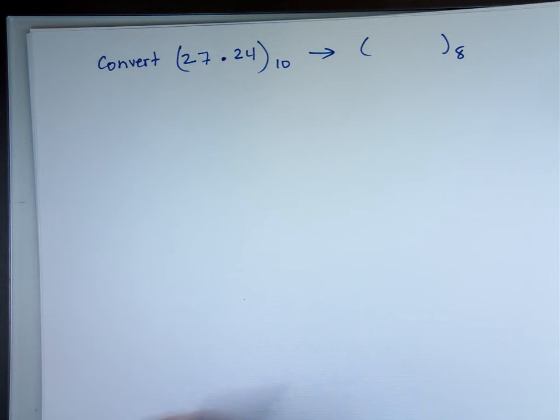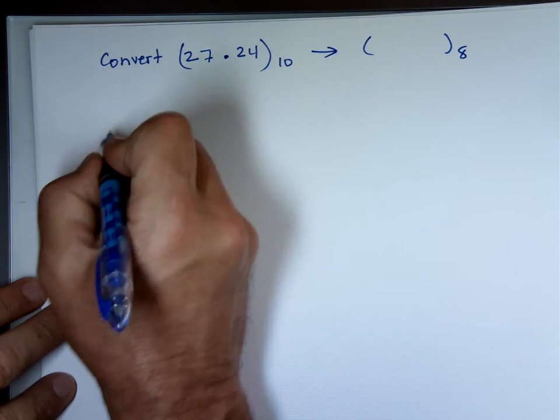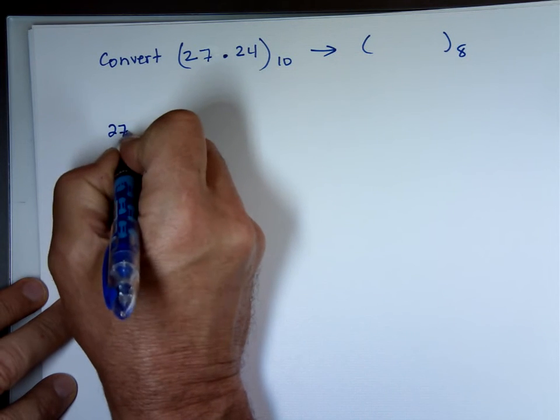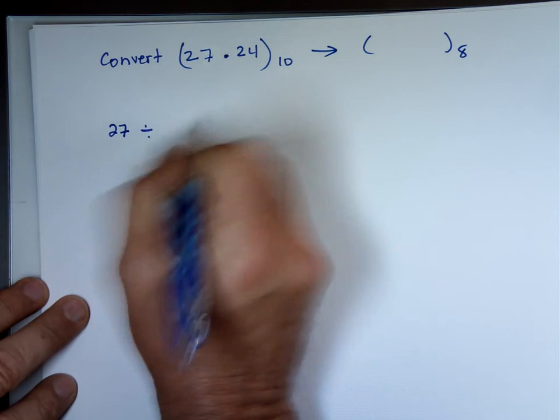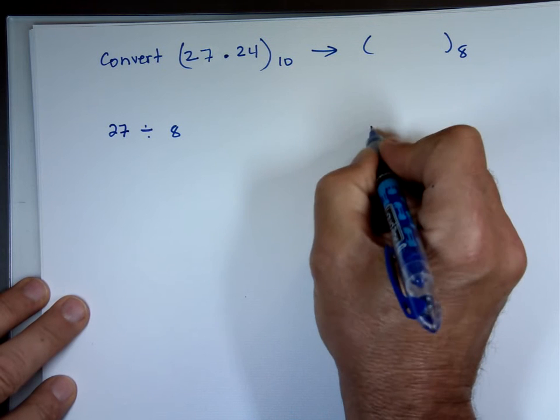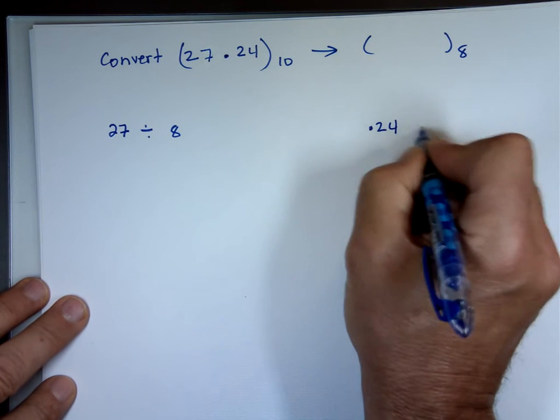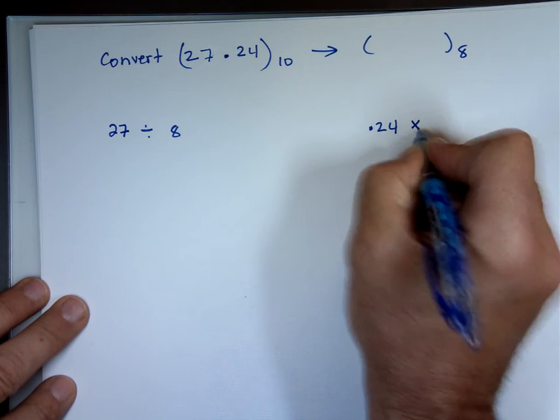We do the same thing. We take the 27, but instead of dividing by 2, we're going to divide it by 8. And we take the 0.24, instead of multiplying by 2, we're going to multiply it by 8.